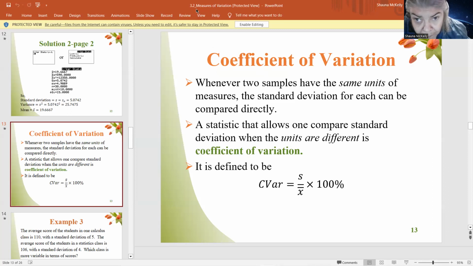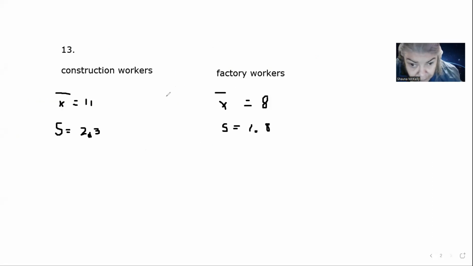So I'm going to write C var is equal to S divided by X bar times 100%.